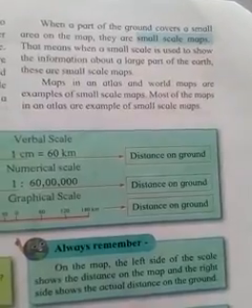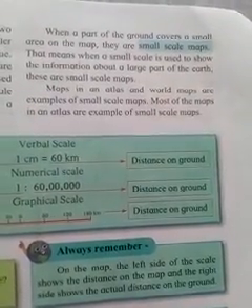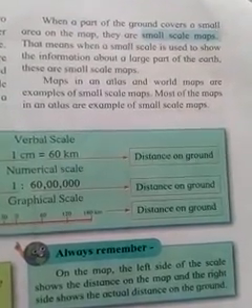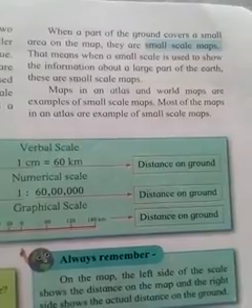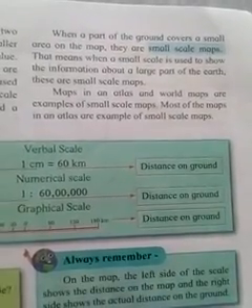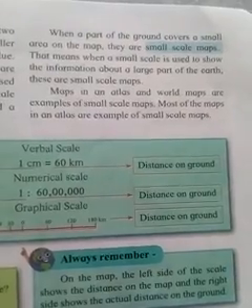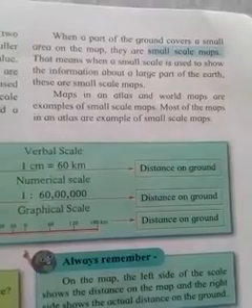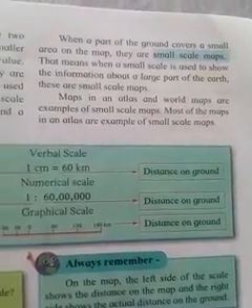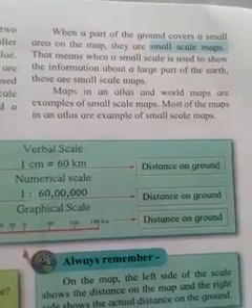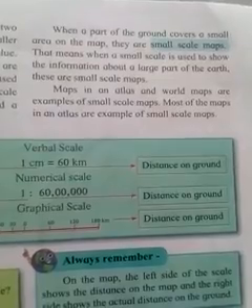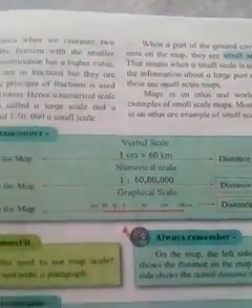Any scale used to show a larger part of the earth is called a small scale map. Maps in an atlas and world maps are examples of small scale maps. The atlas is the best example of the small scale map.